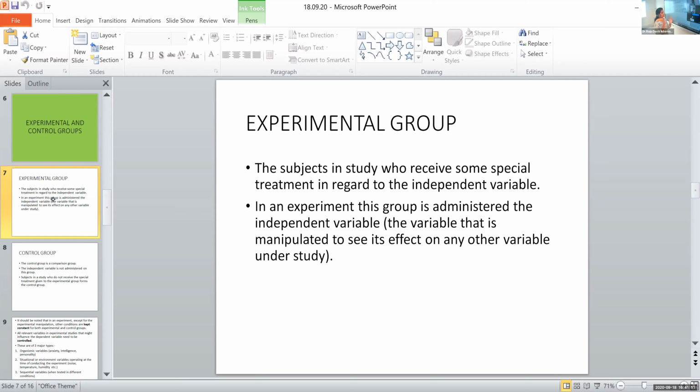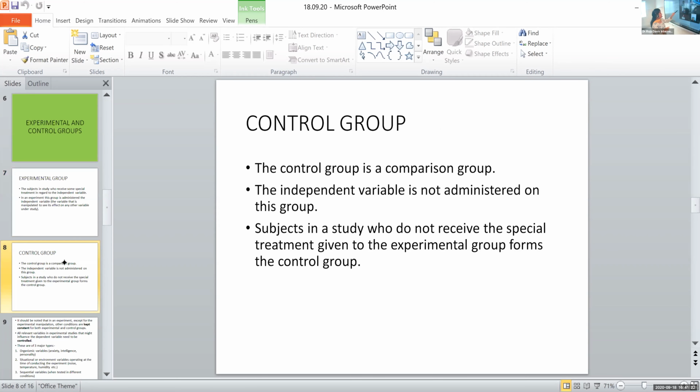And the control group, we keep it aside just for comparison purposes. We don't apply the independent variable there. Understood? The control group is a comparison group. The independent variable is not administered on this group. Subjects in a study who do not receive the special treatment given to the experimental group form the control group.